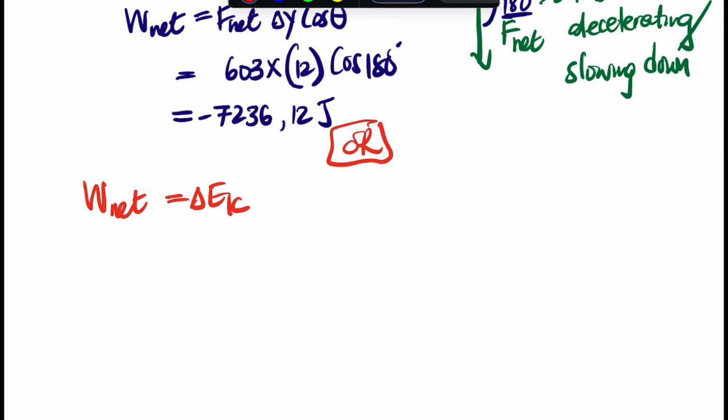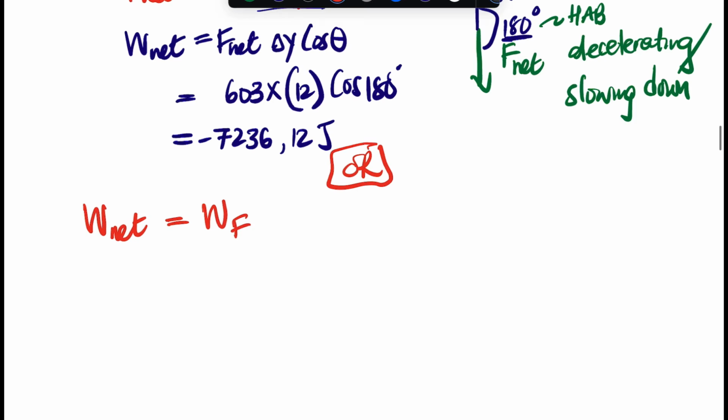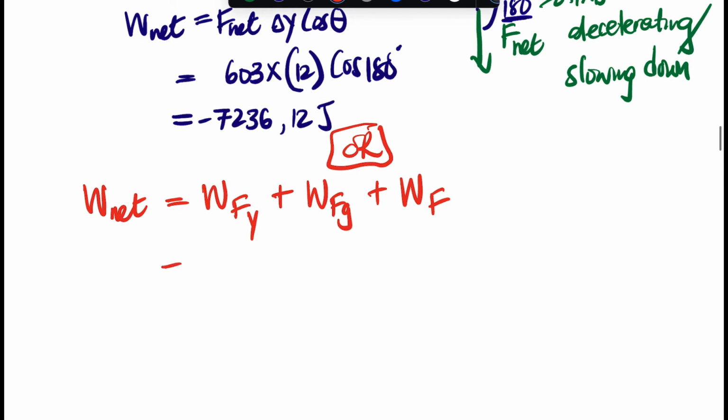In fact, guys, there's no need for the change in kinetic energy because I want the work net. So I'll just say work net is equal to the force of wind, which is going to be Fy, the component that is going downwards, plus the gravitational force, plus the force applied that moves the hot air balloon upwards, right?